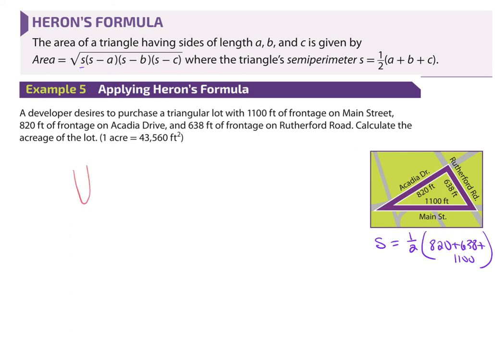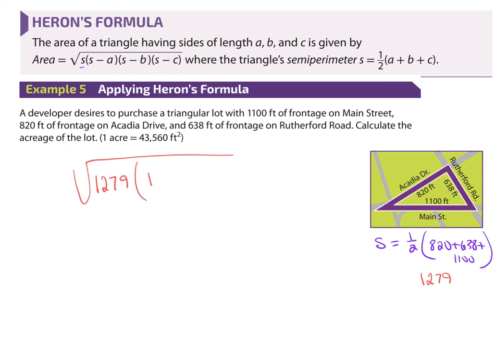So I'm going to take that semi-perimeter that I find for this, which by the way is 1,279. When I add those up and divide by 2, that's my semi-perimeter. So I'm going to plug it in. And then I'm just going to multiply by what happens when I subtract each side from that semi-perimeter I just found.